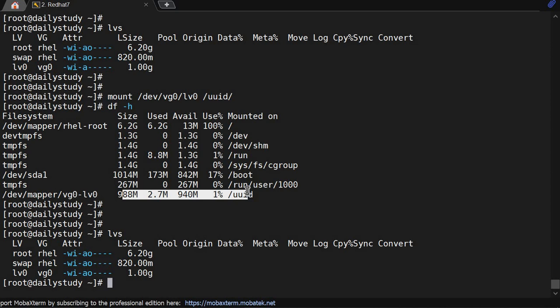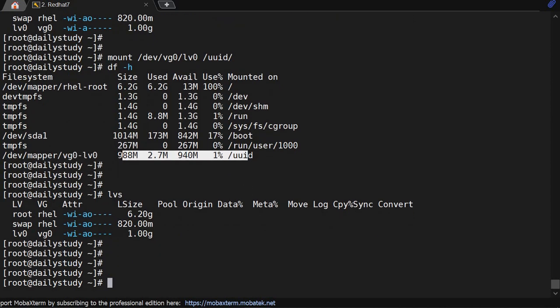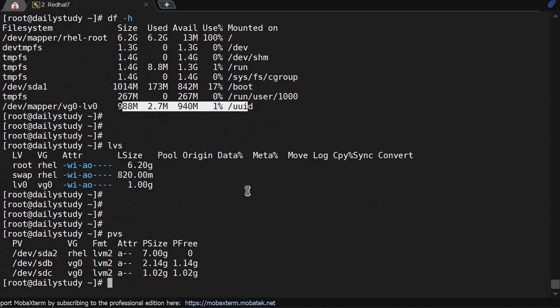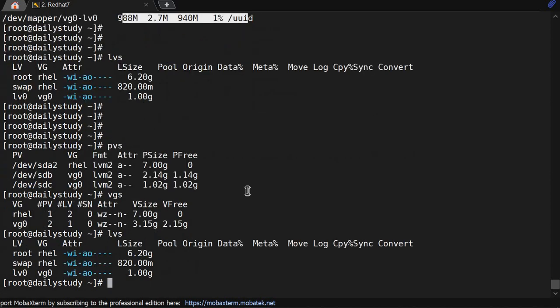But whenever customer is requesting us to reduce the file system, we always raise a red flag saying that this is a process of data loss. You might face some data losses. So before reducing, please take a proper backup. And before committing anything, we have to see PVS, VGS and LVS.